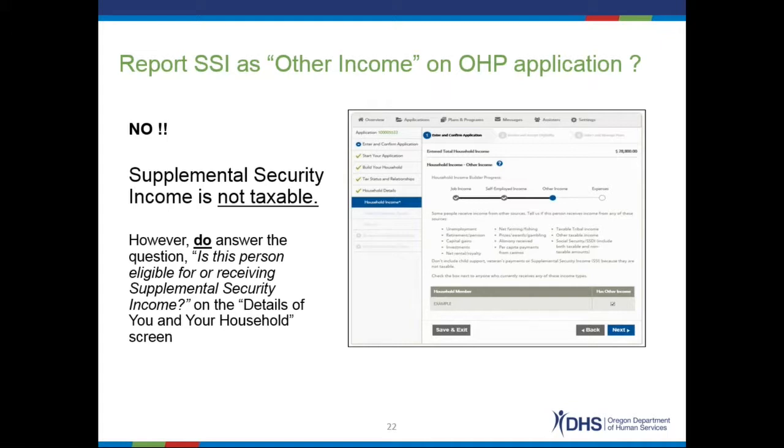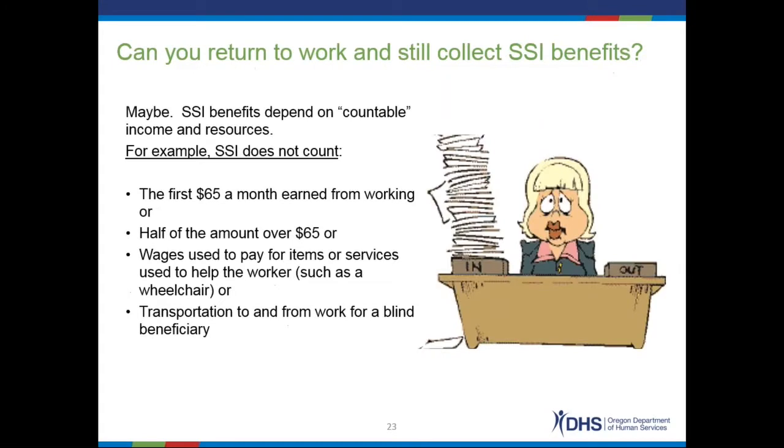And that's located on the details of you and your household screen. We need to answer this, and if they are, it will usually result in a referral to APD, Aging and People with Disabilities.